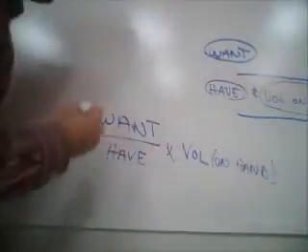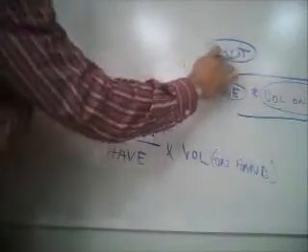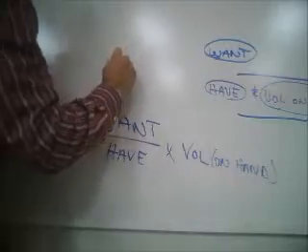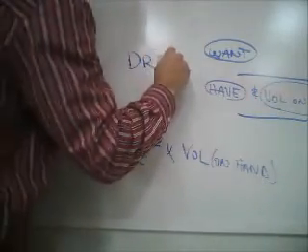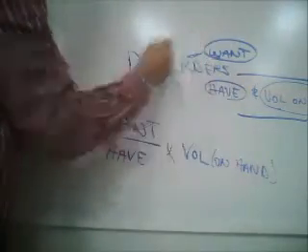All right. So, to follow along here, we have want, have, and volume on hand. The want is always going to come from what the doctor orders. Always. That's always our want.